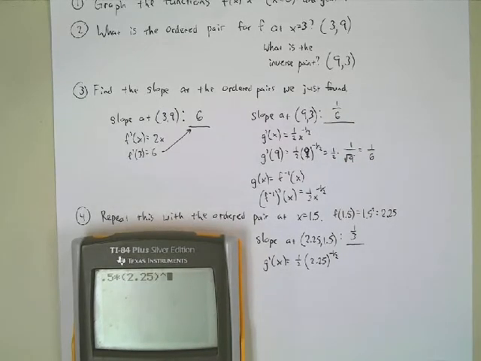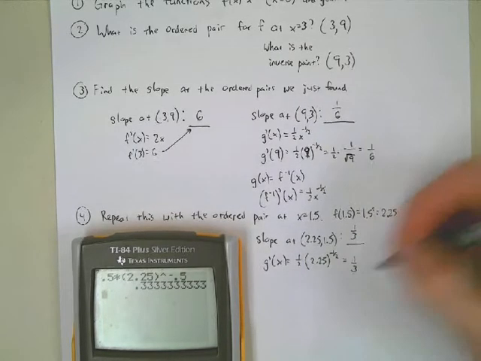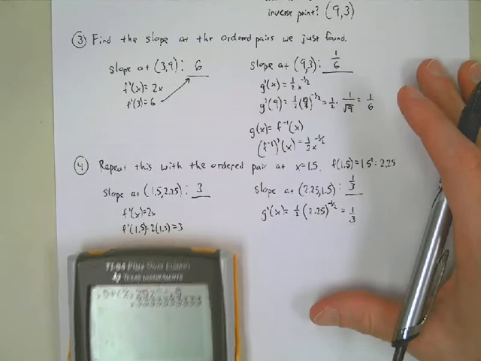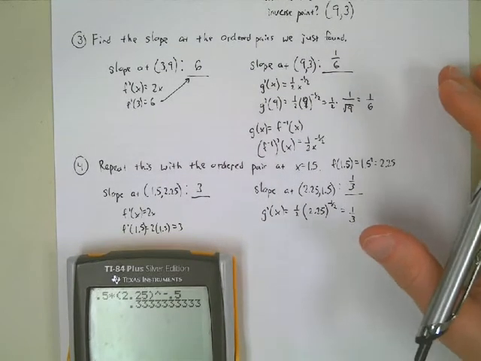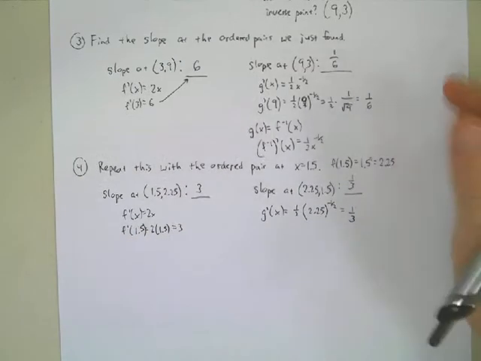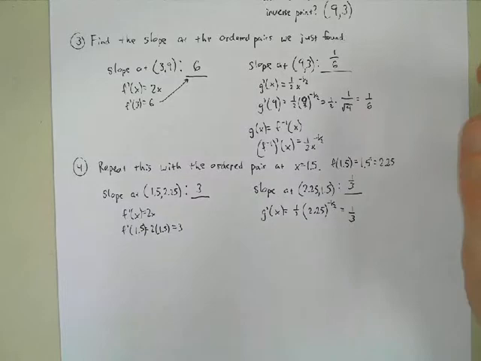And sure enough, it gives us 1/3. You can see it right there. So we can see that there's a relationship between the value of the derivative of a function at a certain point and the value of the derivative of the inverse of the function at the inverse point. Those slopes are going to be reciprocals.